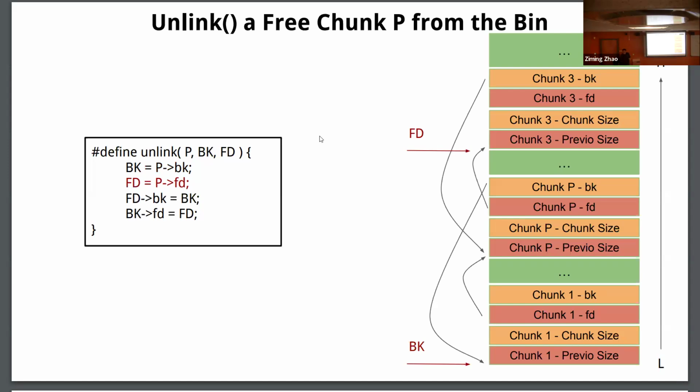Then we set forward as P's forward, so forward will point to chunk 3. Then forward's backward will be set as backward, which means chunk 3's backward will go to chunk 1. Then backward's forward will be set as forward, which means chunk 1's forward will change to chunk 3. Then this chunk is not in the list anymore. Make sense? Okay, so this is the macro. It looks like it's correct, right?